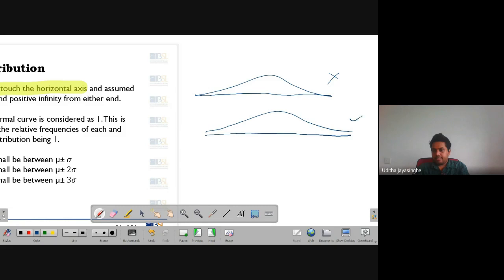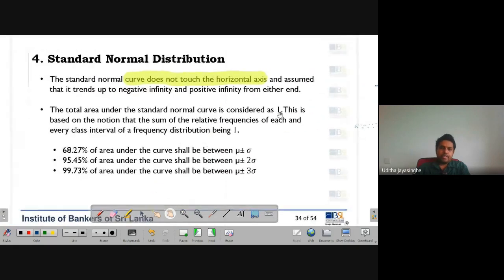This x-axis is not going to be touching. If it is touching, what is the idea? That means the probability ends there. But for the standard normal distribution, we assume that for negative infinity and positive infinity, these probabilities are going to materialize. Okay, so that's an important characteristic.